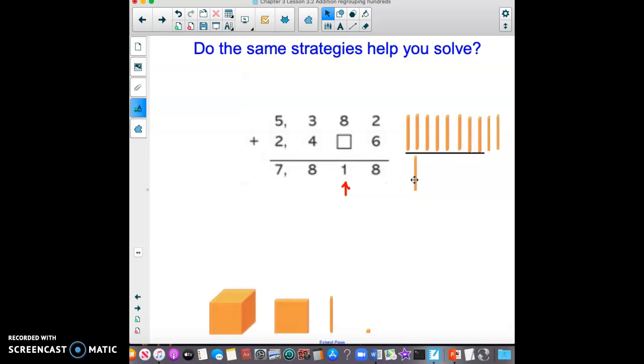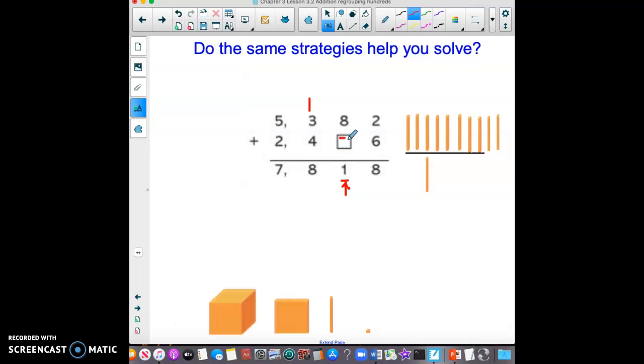And one more 10, 110. 8 tens and 3 tens is 11 tens. 11 tens is 100 and 110 here. Do you see the 11? 10 tens and one more.